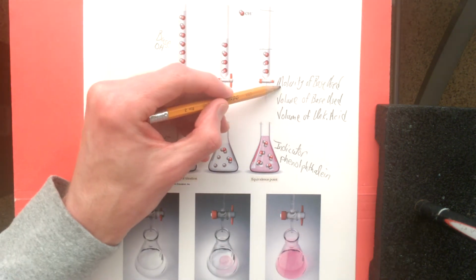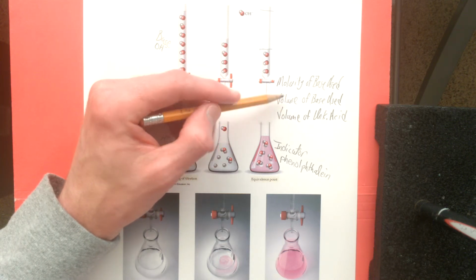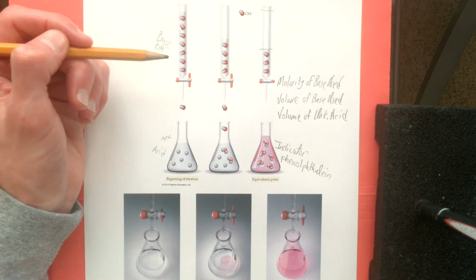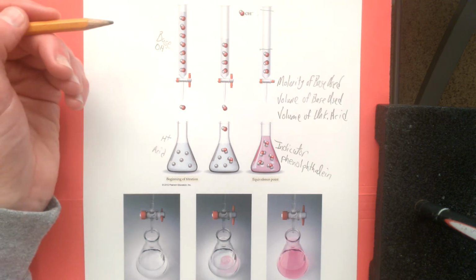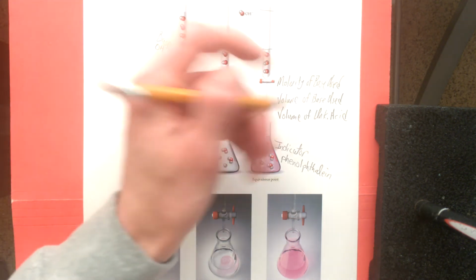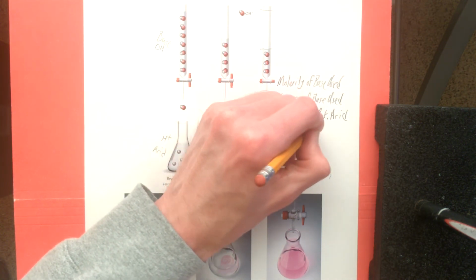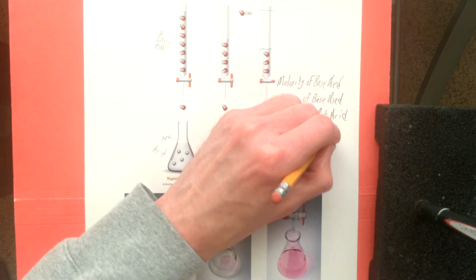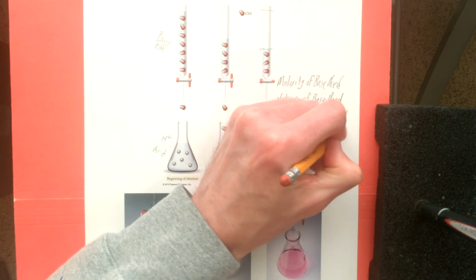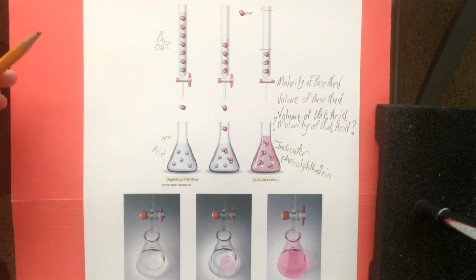So we know the molarity of the base, the volume of the base used, and the volume of the unknown acid. Then we can run some stoichiometry calculations and conversions to determine the molarity, the concentration, of the unknown acid. That's what we can ultimately figure out, because that we do not know at the beginning of this experiment.